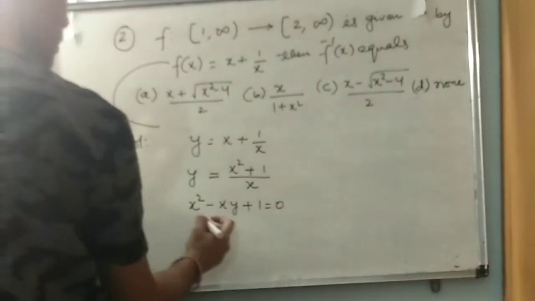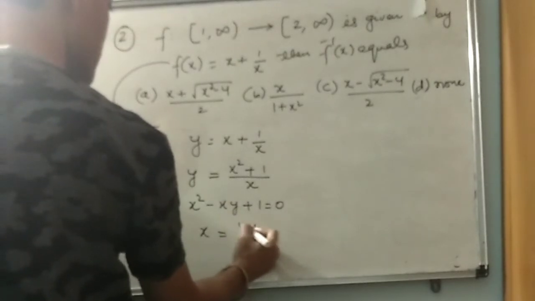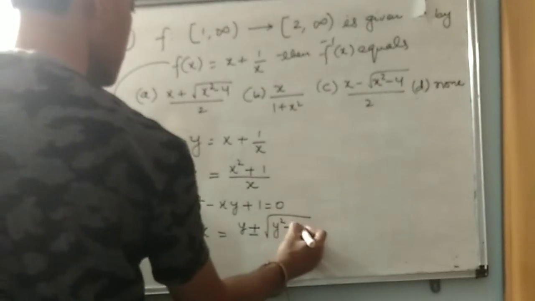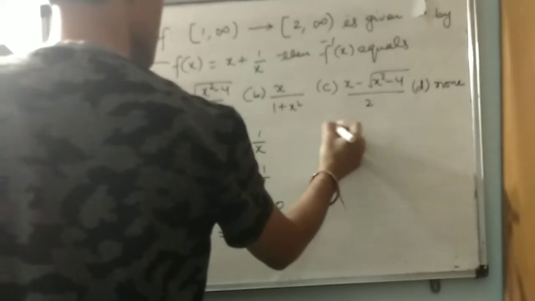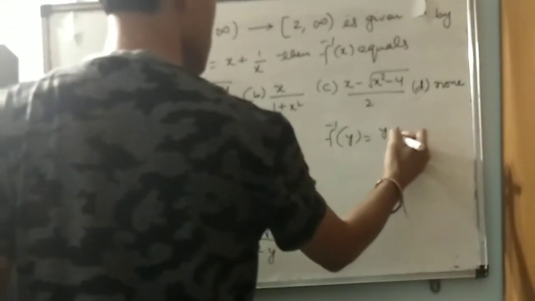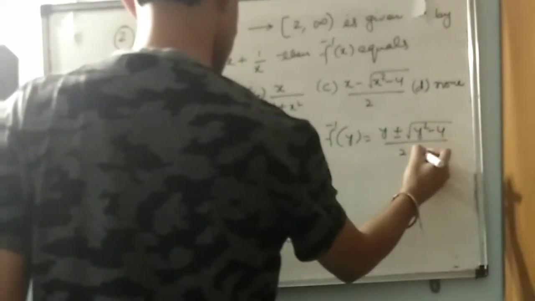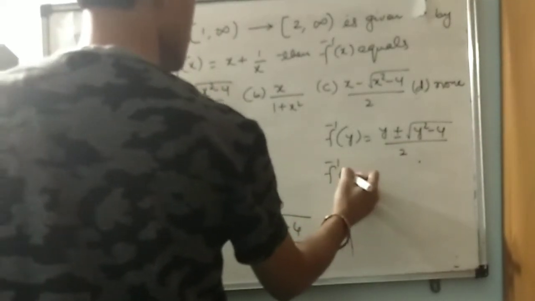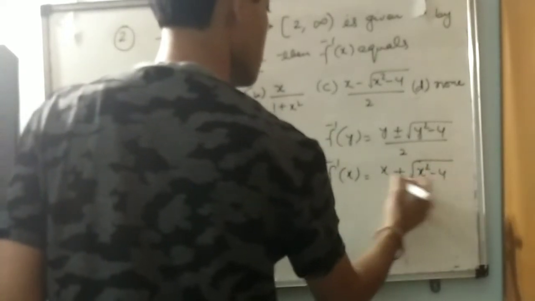Now to express x in terms of y, we write this one as minus b plus minus under root b square, that is y square minus 4, divided by 2y. Means our f inverse y is equal to y plus minus under root y square minus 4 upon 2y. Just 2. And then f inverse x therefore will be x plus under root x square minus 4 upon 2.